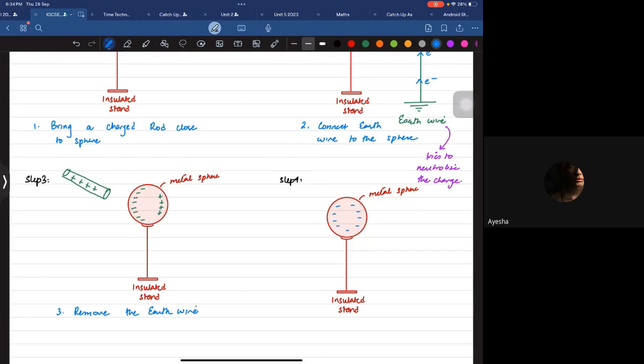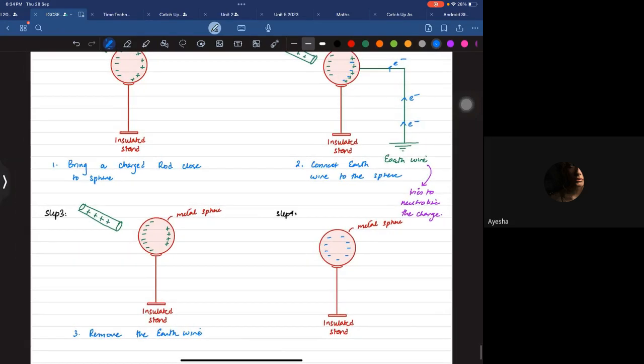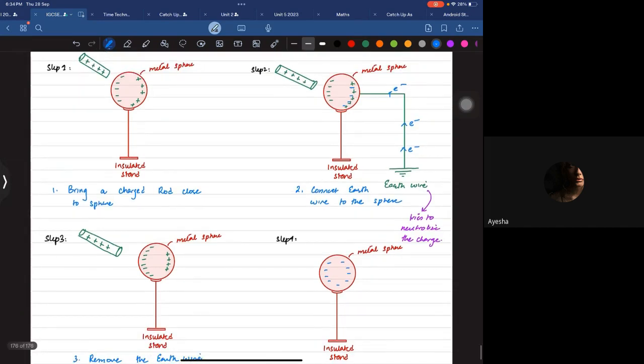Yes. So in step 3, we basically remove the earth wire. So earth wire was the one that basically brought extra electrons into it. And if you remove it suddenly, then the extra electrons that went into the sphere would now be trapped there. Do you get it? Yes, sir.